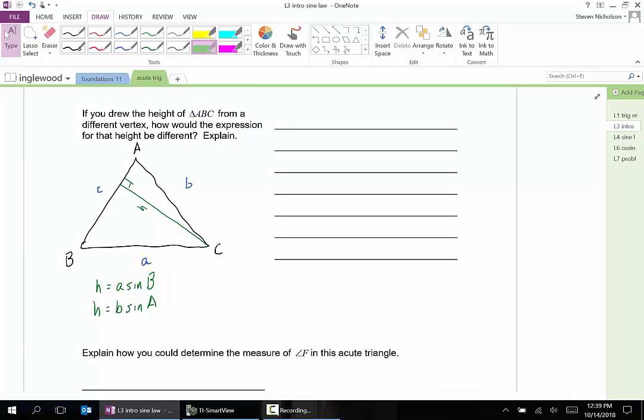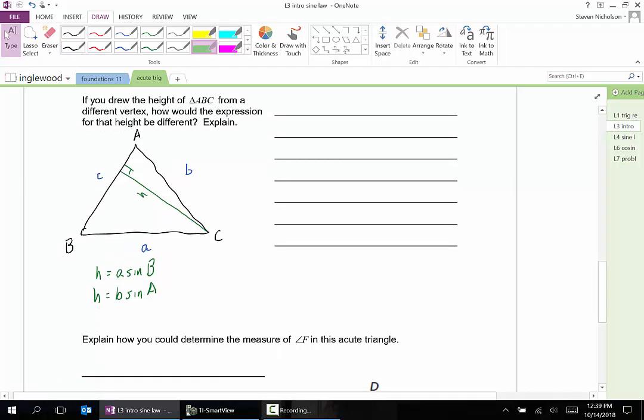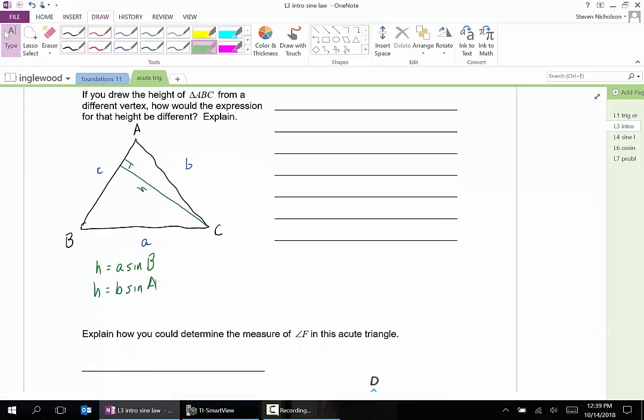I'll come back to that in a sec, but again, if you dropped the vertical from a different vertex, what would the expression look like? What we would hopefully find is that our expression would have different letters.